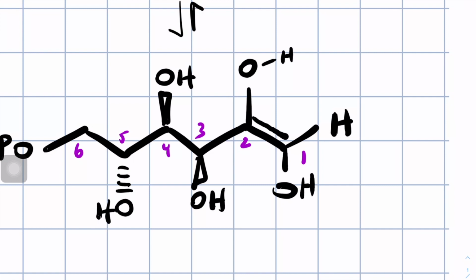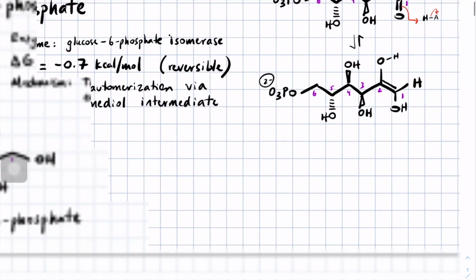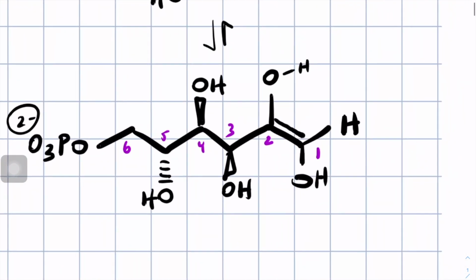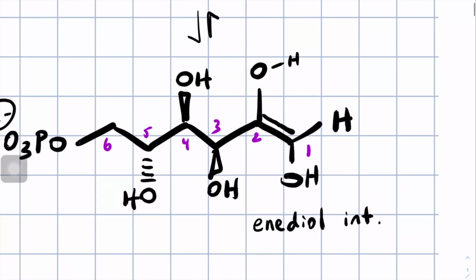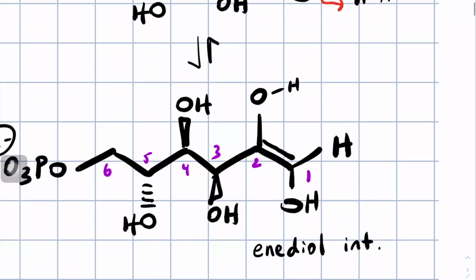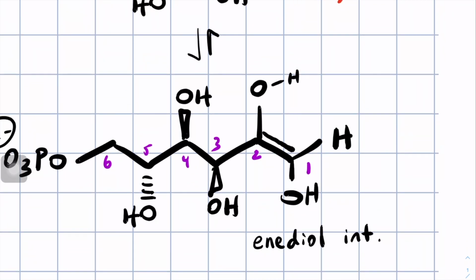Then, to get to the fructose, hold on, let me just point out this is our diol intermediate. And the interesting thing about the diol intermediate is that it's an enol in both directions.